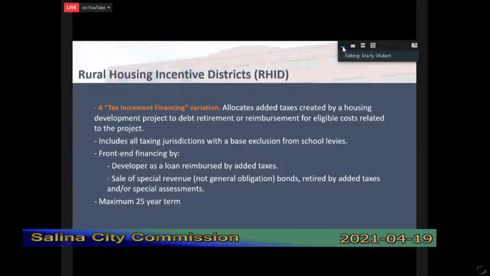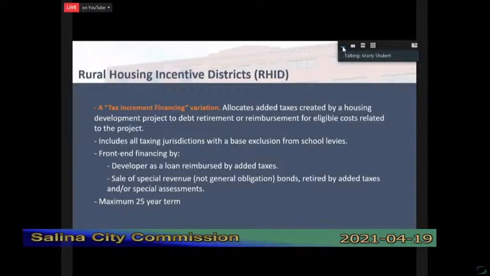So an RHID is exactly the same thing, except that it's related to housing. The RHID, being a variation of tax increment financing, allocates the added taxes created by a housing development project back to debt retirement or to the reimbursement for eligible costs related to the project. So the question then becomes, what are the eligible costs?